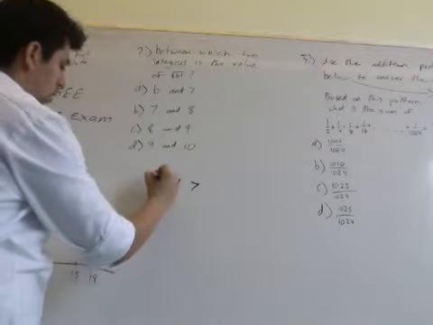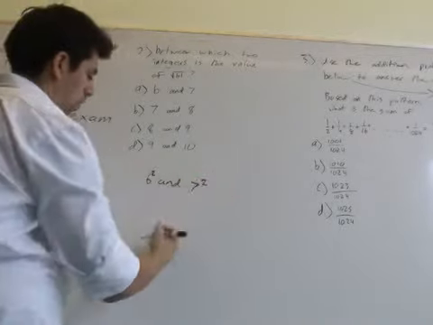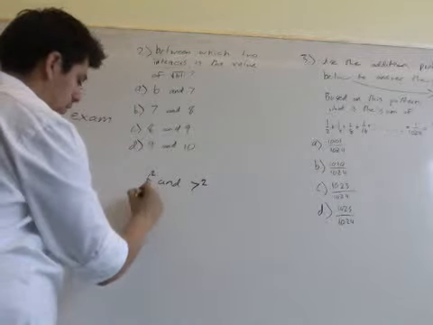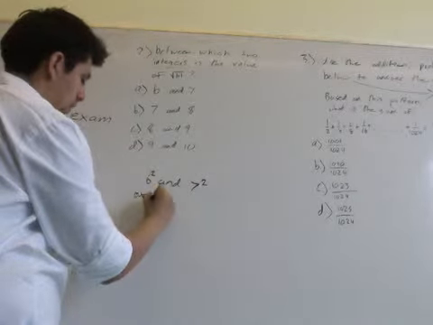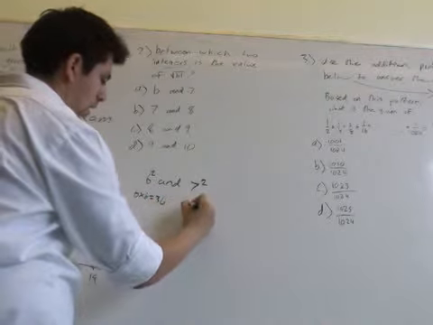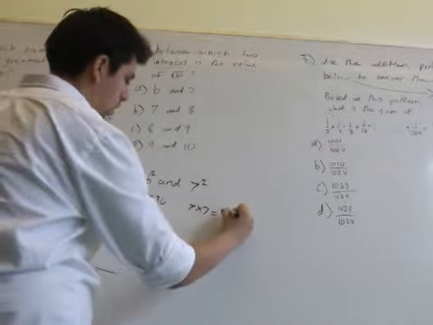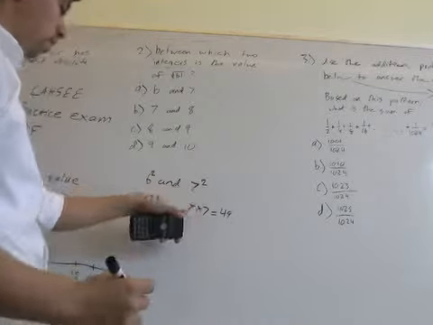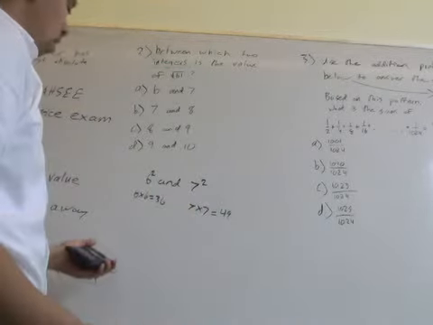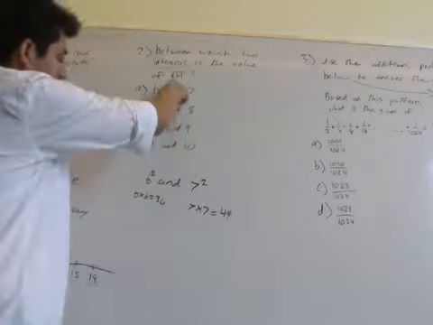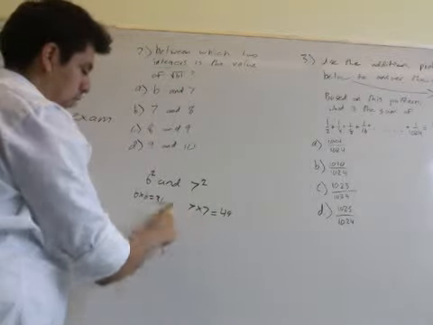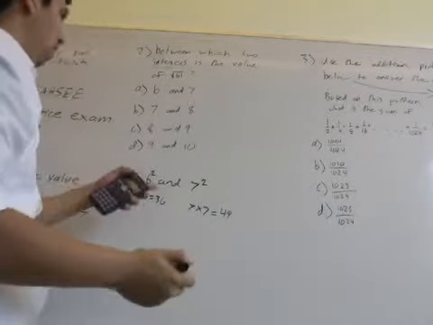If we square those, that means like 6 times 6, 6 times 6 equals 36, and 7 times 7 equals 49. That's what 7 squared is, 7 times 7. So 61 does not lie in between these two, 36 and 49, so we know that it's not 6 and 7.